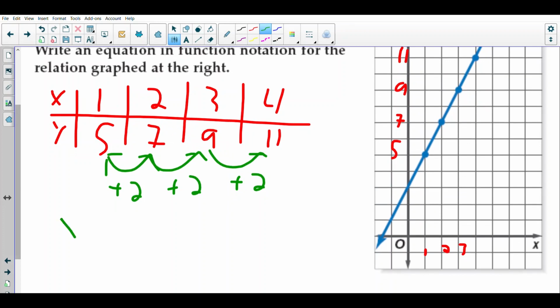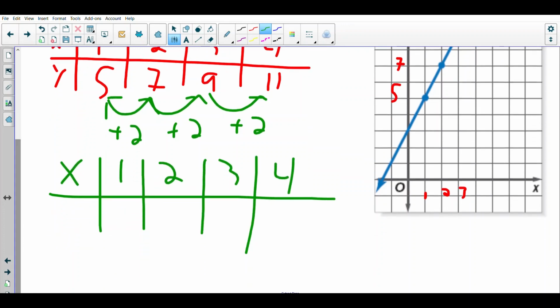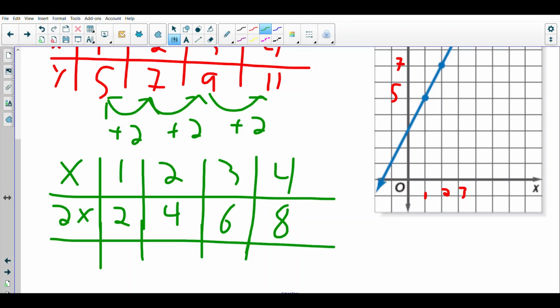If I take x and just multiply by 2, I end up with 2, 4, 6, 8. But y is becoming 5, 7, 9, and 11.